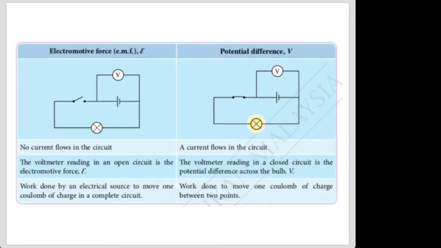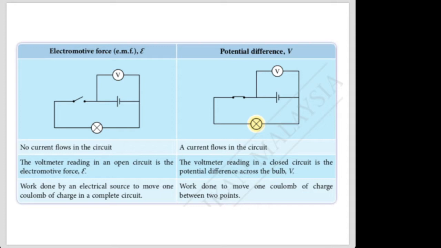Meaning, if you have a battery, how much work is being done to go from one end of the battery all the way throughout the circuit and then back to the other end of the battery. That's electromotive force. You have to go through the whole complete circuit to calculate the electromotive force.